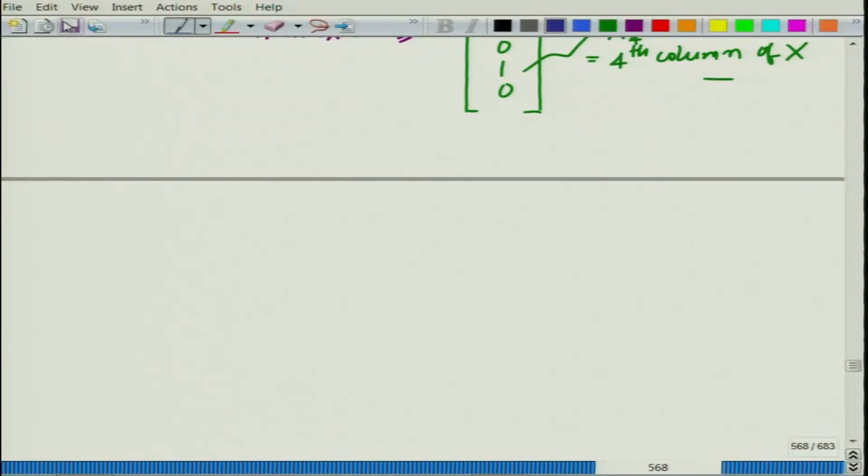Now we have to find the best approximation to y bar. Remember, now we have to solve the least squares problem. So, using this matrix, we do y bar minus x1 theta bar 1.